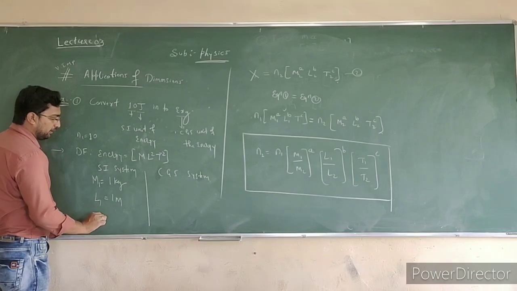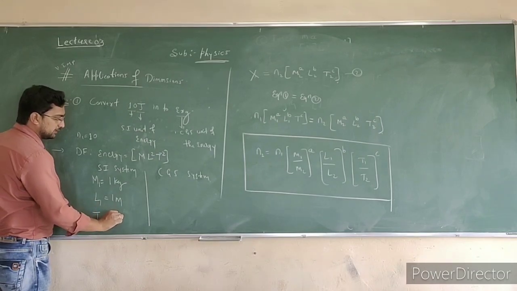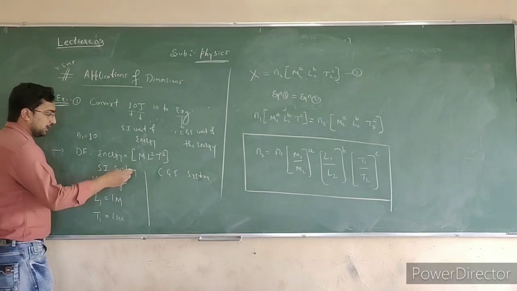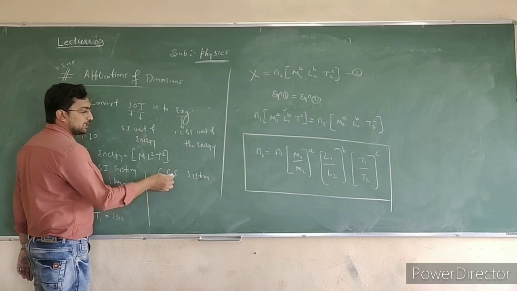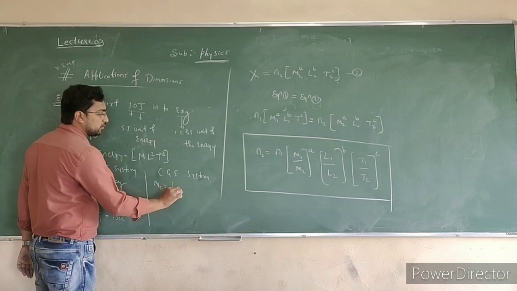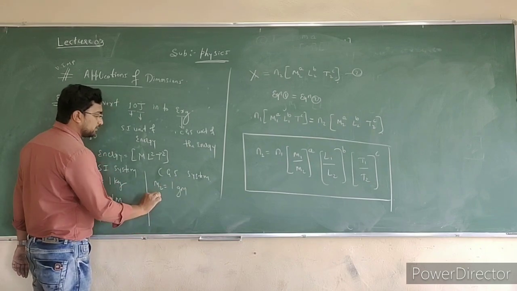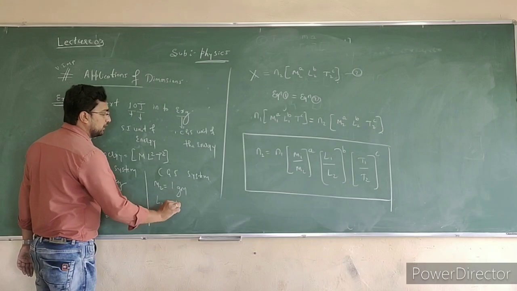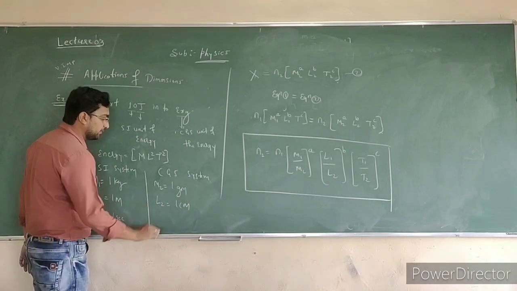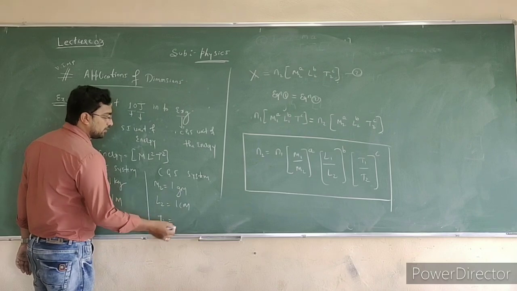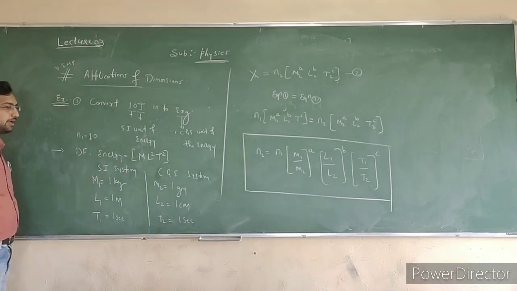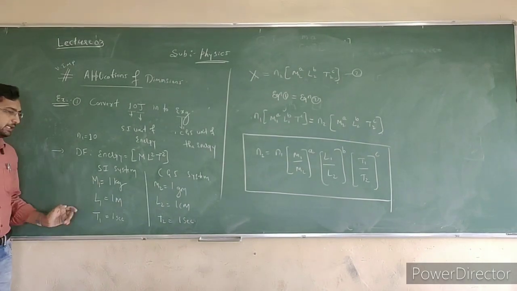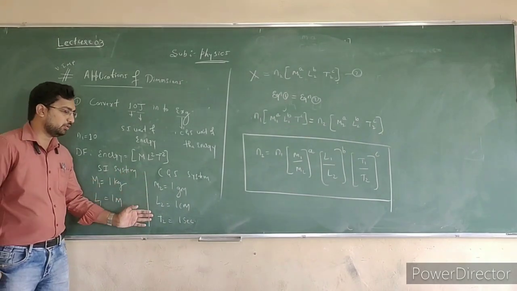And time is 1 second. Similarly, in CGS system, mass M2 is measured in grams, that is 1 gram. Length is measured in centimeters, that is 1 centimeter. Time T2 is measured in seconds, that is 1 second. Right? So these are the M1, L1, T1 values and M2, L2, T2 values.